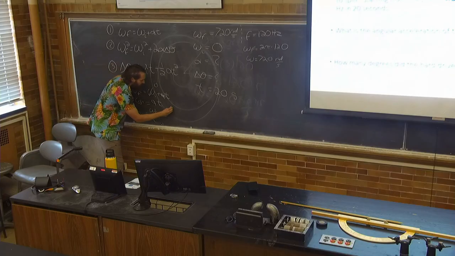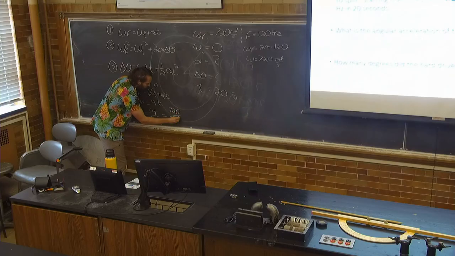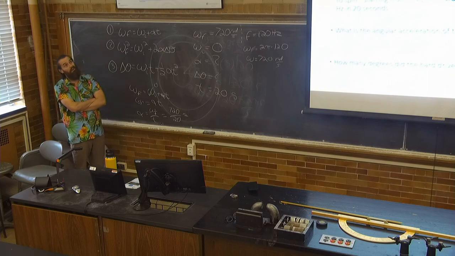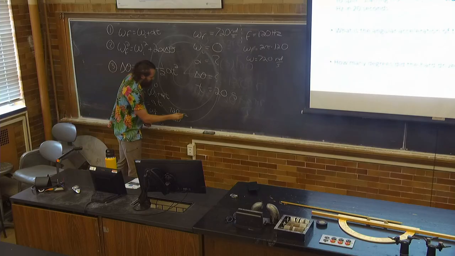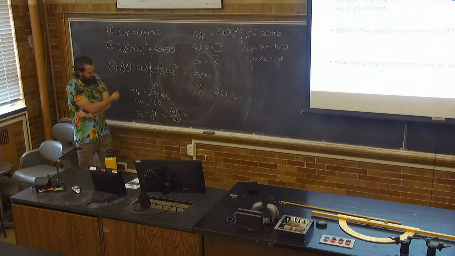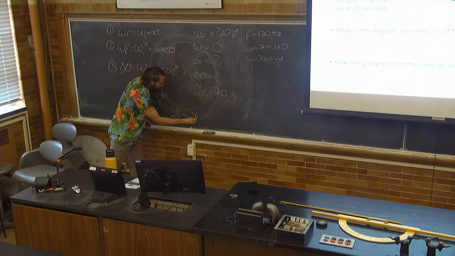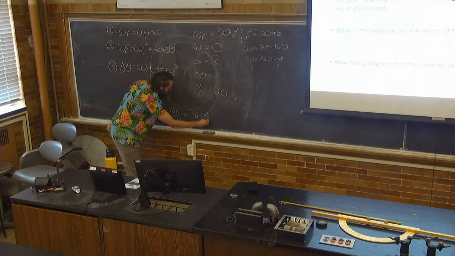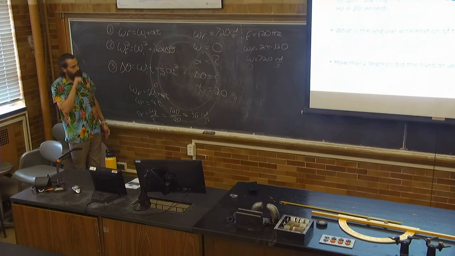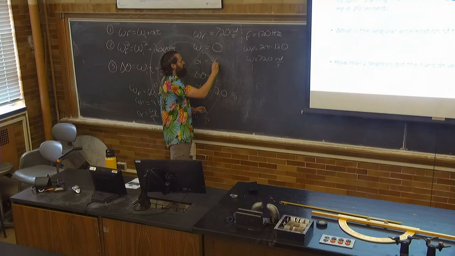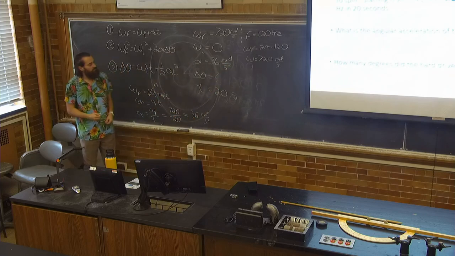So 720 divided by 20. Like 36. No, it can't be 36, can it? Yeah. Something like 36 radians per second squared. Okay, so then we can come in here and fill in our angular acceleration.